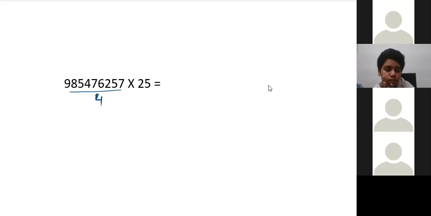So 9 divided by 2, we'll write 4 and the remainder will be 1. Then 18, we'll write 9. Then 5, we'll write 2 and remainder 1. 14, we'll write 7. Then 7, we'll write 3, remainder 1. 16, so we'll write 8.